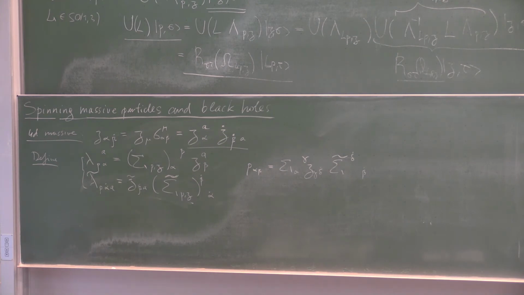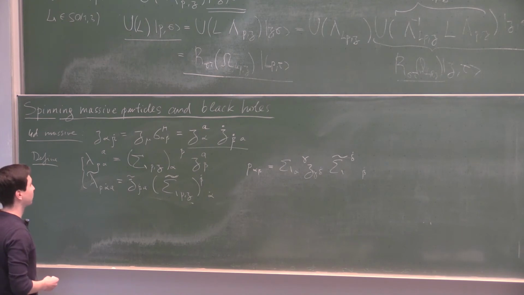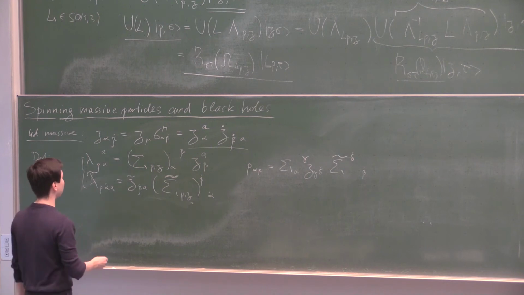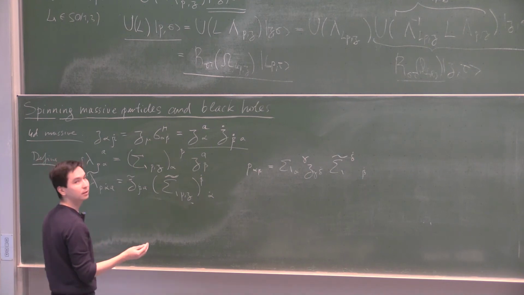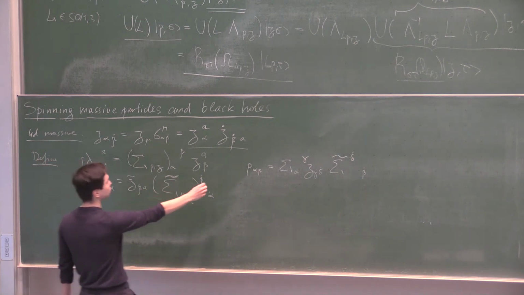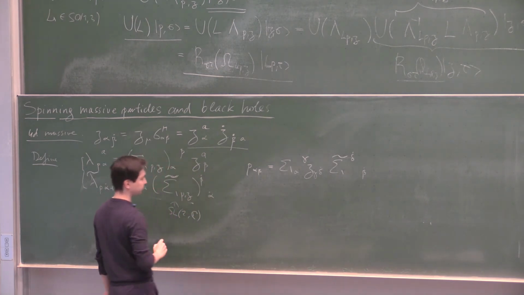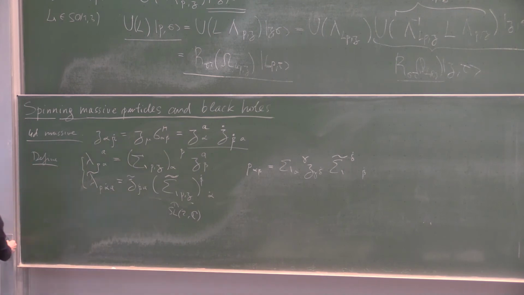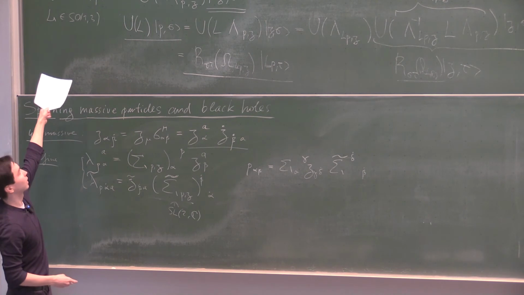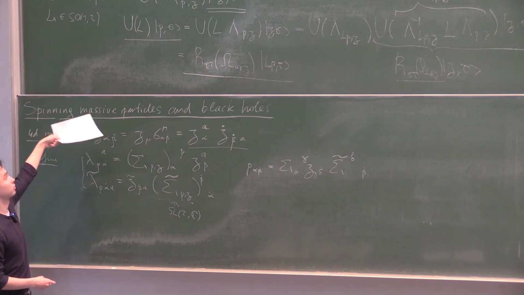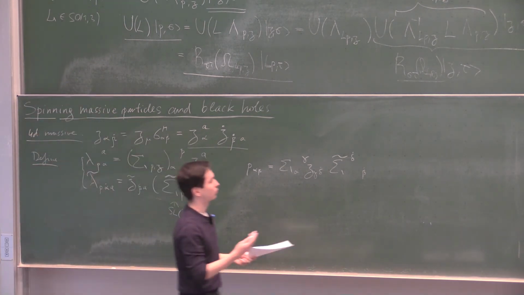I will call something else S. These are also SL2C, yes. Just as upstairs, I was using some lambda to define my states, and then I considered some arbitrary transformation L and how it acts. Now I want to do the same.